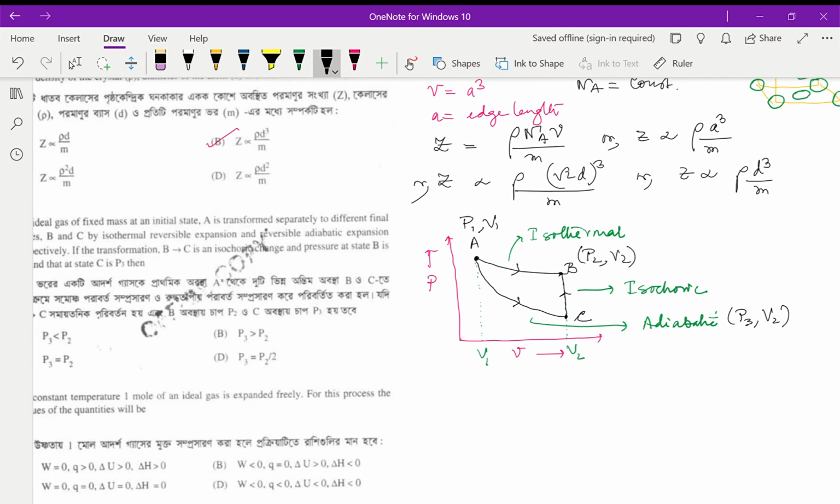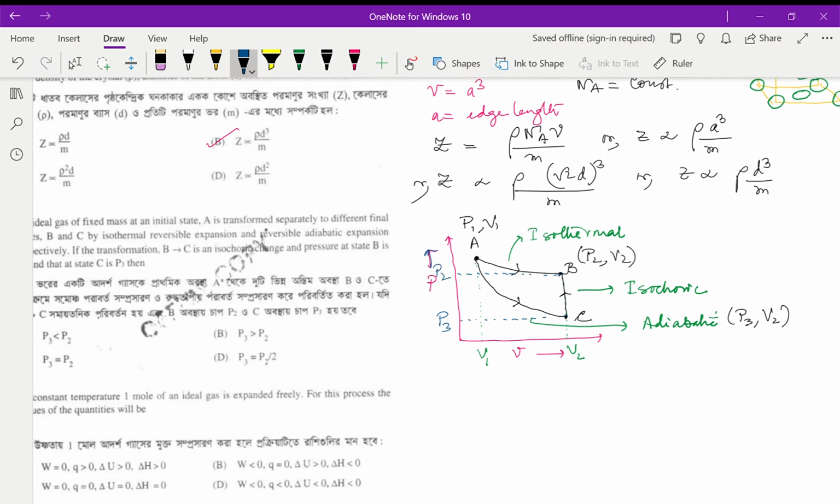So if you think that way, just from the graph you can get the answer. As you can see, mark the pressure corresponding to the state C. Mark the pressure corresponding to the state B. Your pressure is increasing obviously in this direction. So this one obviously is your P3 and this one obviously is your P2.